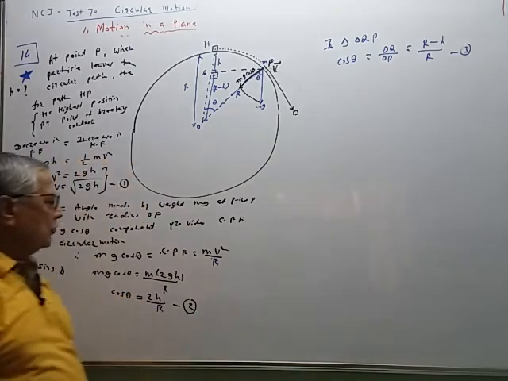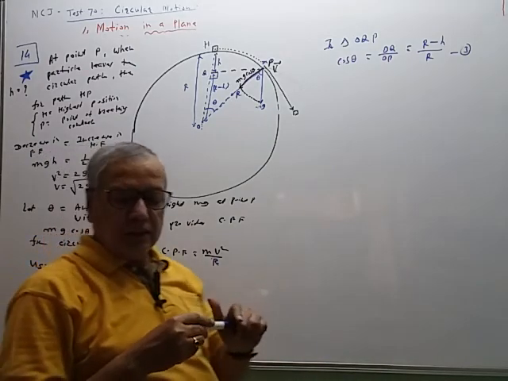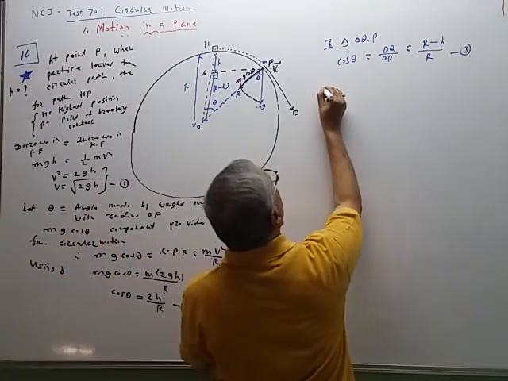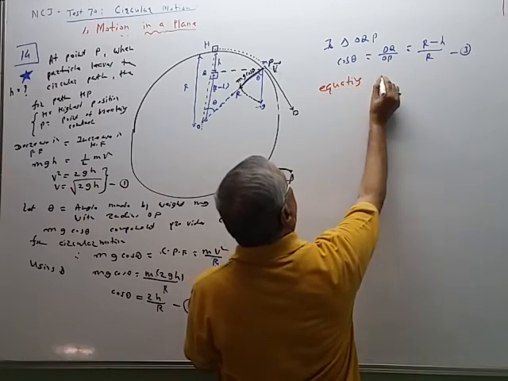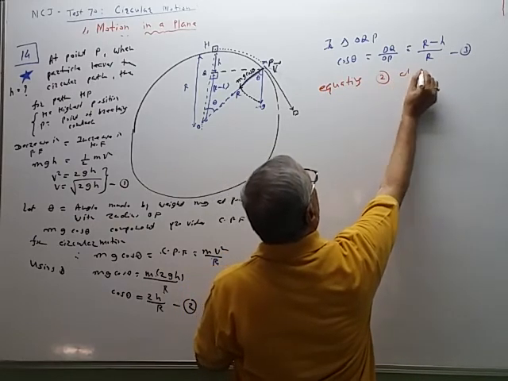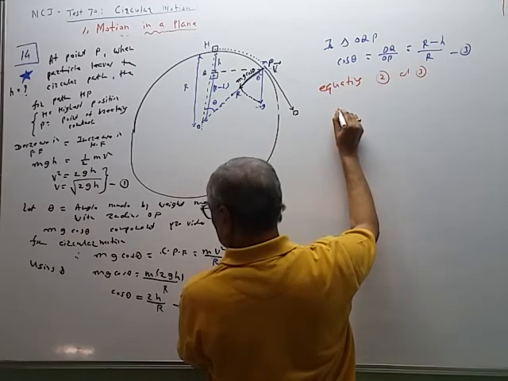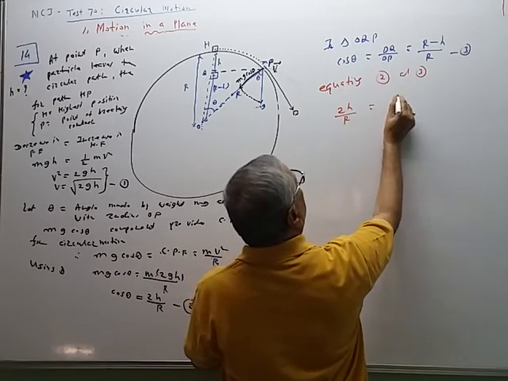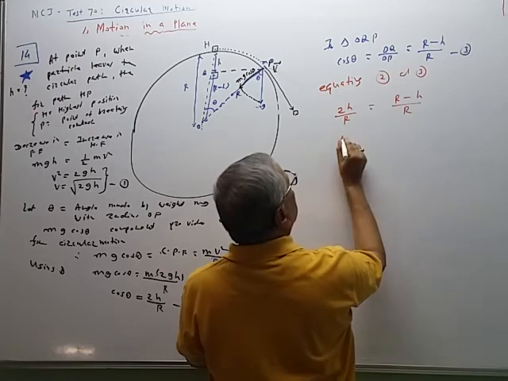So now we have two values of cos theta. Equating 2 and 3, we get the required relation. 2h by R is equal to R minus h by R. R will get cancelled.